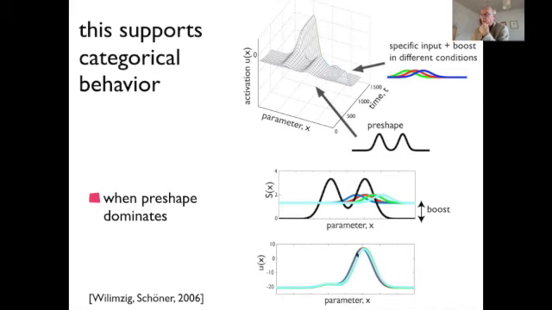And what you see in this case is that the peaks under these different specific inputs all line up. They're a little bit pulled apart, but most of it is really determined by preshape. So you would say this field responds categorically. It just always presses the right button or the left button.